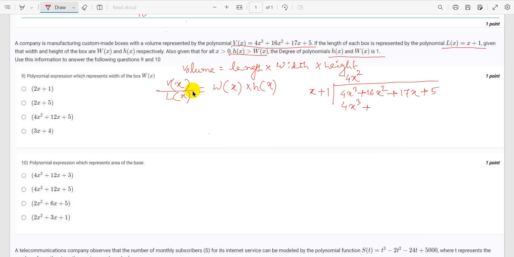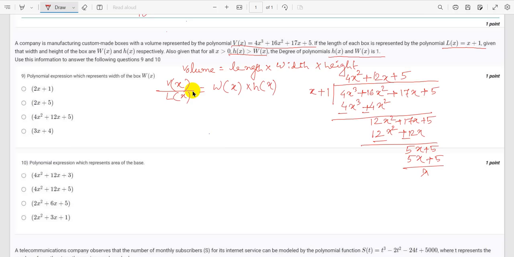It's 4x cube plus 4x square, leaving 12x square plus 17x plus 5. Next we have to take 12x, right? So it is 12x square plus 12x. So it is 5x plus 5. And the last one is plus 5. So we get 5x plus 5.